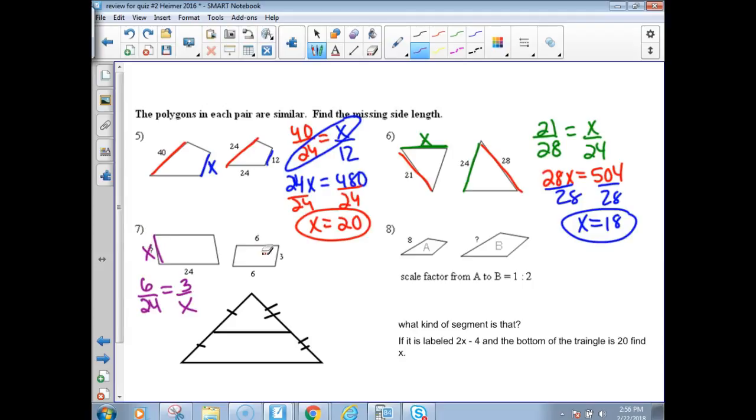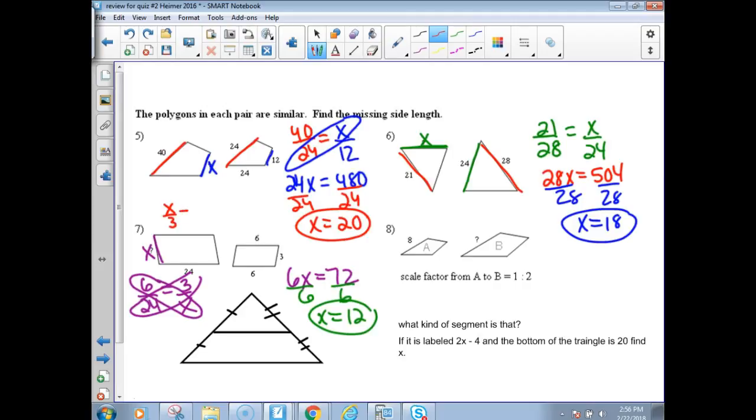And you went x over 3 and 24 over 6. It's the same thing because you've got 6 across from your x, right? So that's 6x equals 72, and when you divide by 6, you should have gotten 12. All right, so everybody, there's 4 ways to write it correctly. We could have it written different ways. I believe that most of you would have done x is to 3 as 24 is to 6.